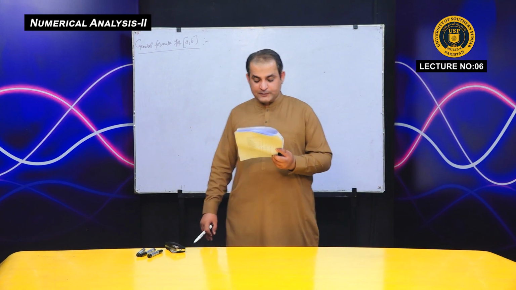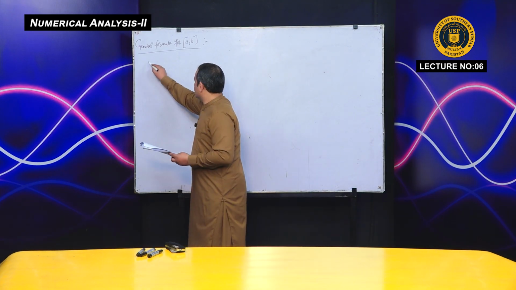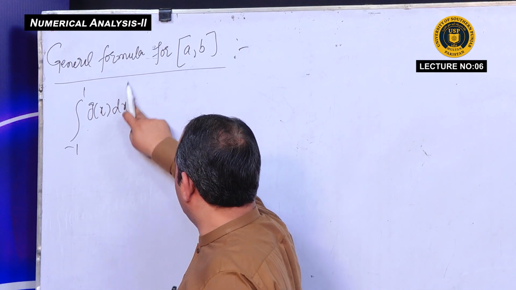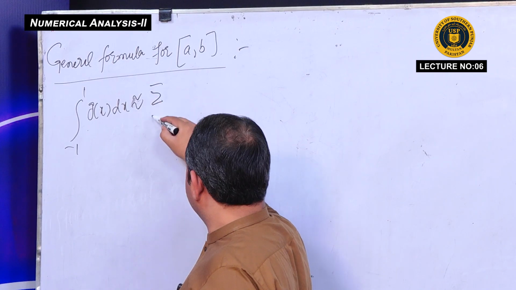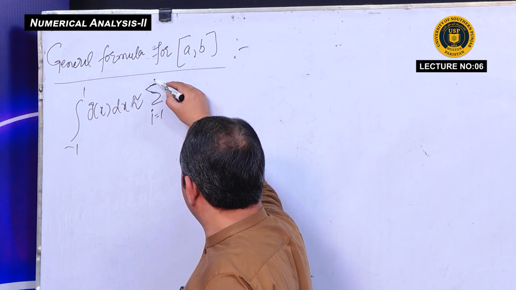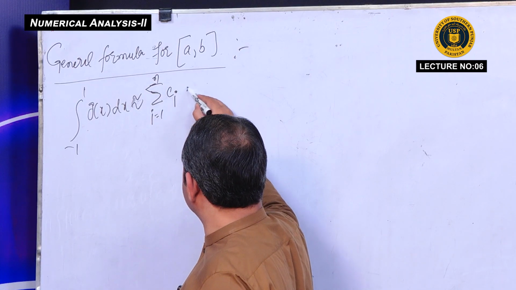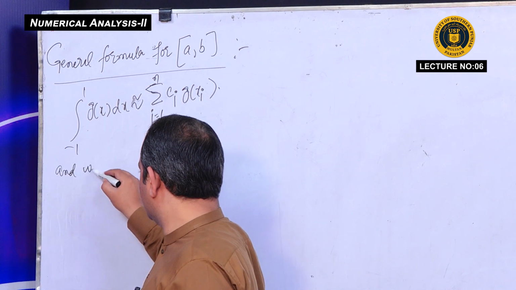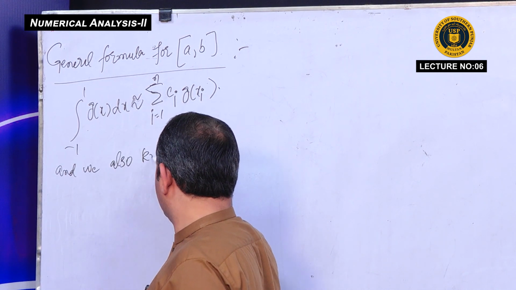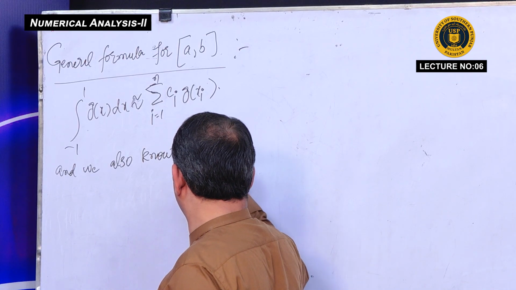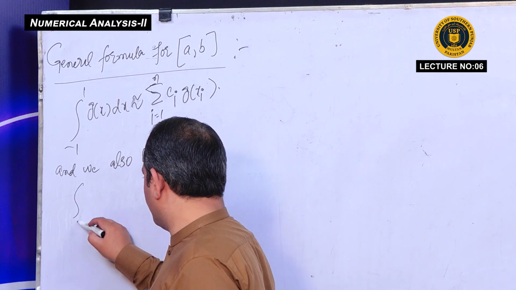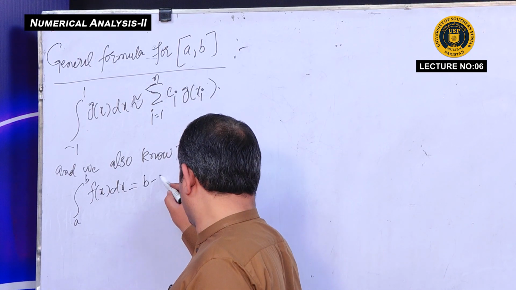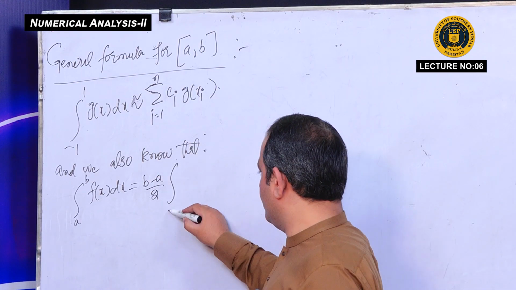Since we know, basically the integral from -1 to 1 of g of x dx equals the summation from i equals 1 to n of c i g of x i, and we also know that the integral from a to b of f of x dx equals (b minus a)/2.